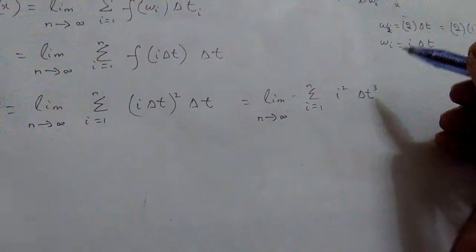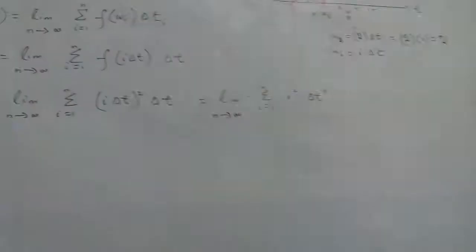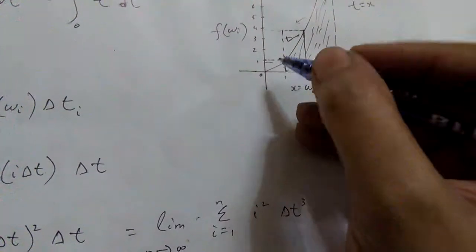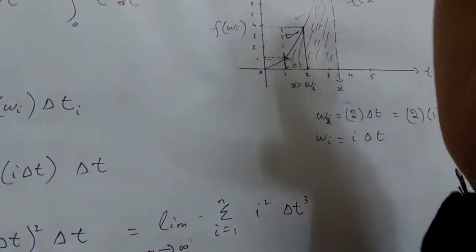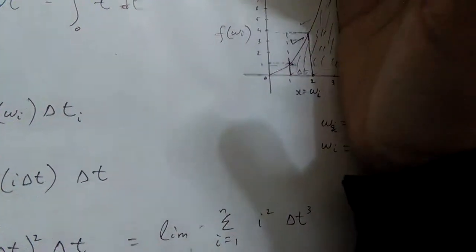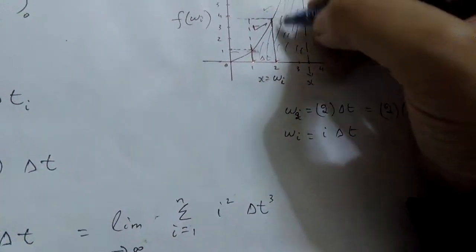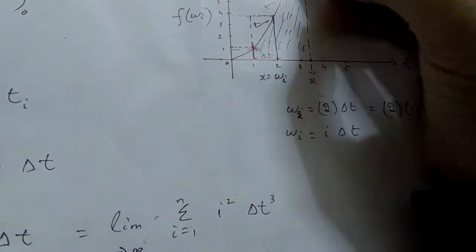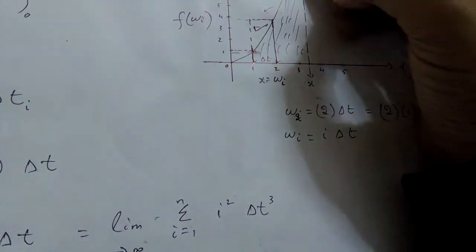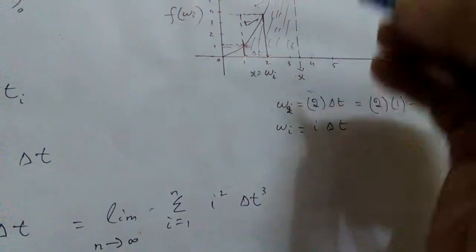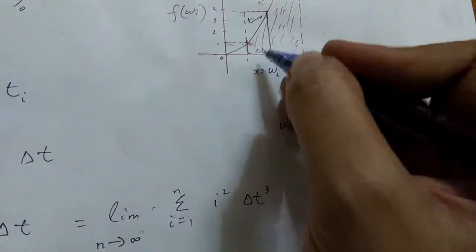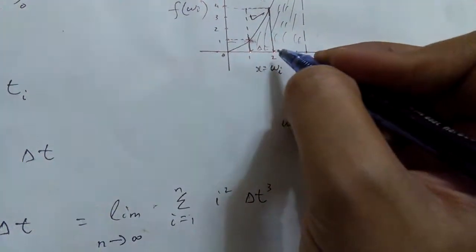Now, one thing. Now you see the limitation or the boundary where your rectangles are going to stop is this. Okay, you are going to draw your rectangles, keep on moving, and you are going to stop. This is going to be the line of your last rectangle, right? So if you try to find out the value of your del t, how are you going to evaluate it?